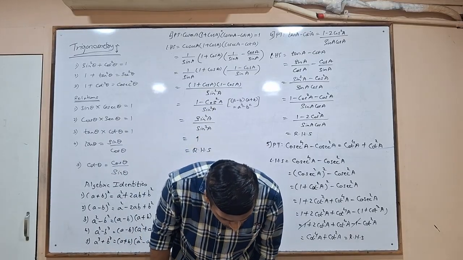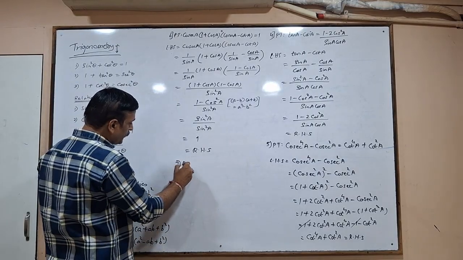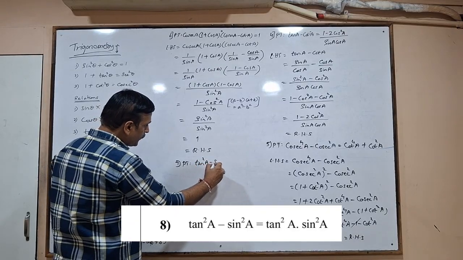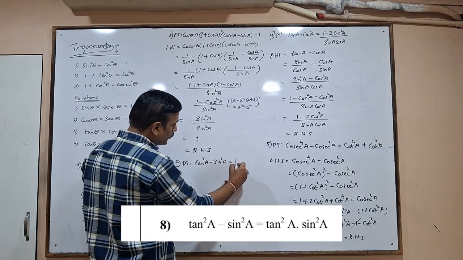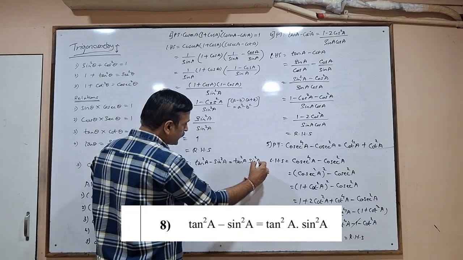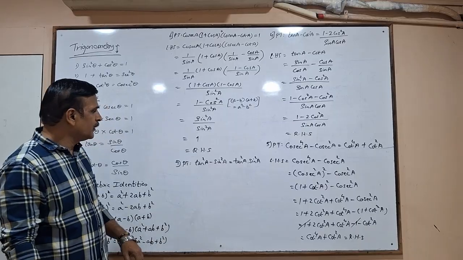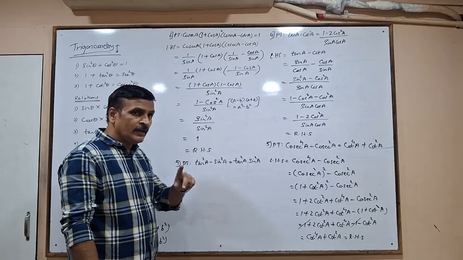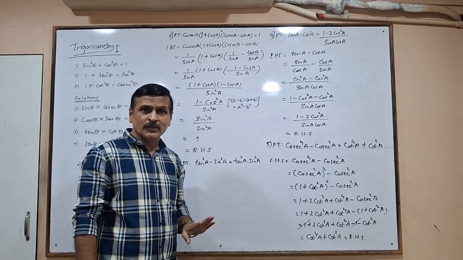Next one, question number 7. Prove that tan square A minus sine square A is equal to tan square A into sine square A. Now whenever there is a negative sign, there are two terms, tan and sine, it can be sec and cosec also, and that results into multiplication.